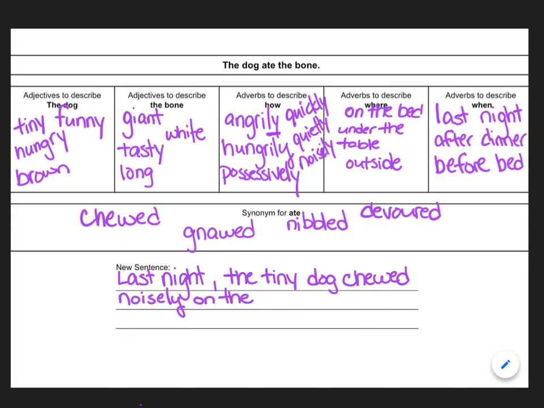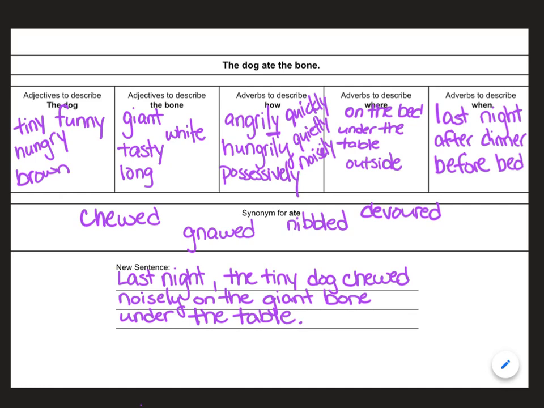I'm going to say on the bone. On the giant bone. Because I like that it's a tiny dog and a giant bone. And now I can say where it was. And I'm going to say under the table because I like the idea of the tiny dog hiding while it's chewing.